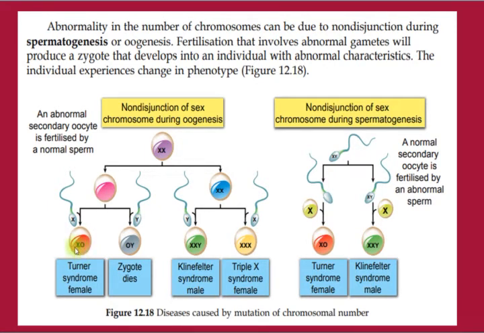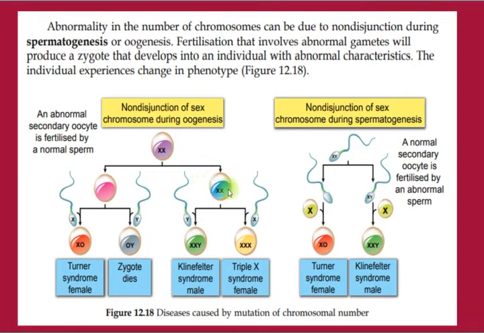Only one sex chromosome is present in the zygote, so it will cause Turner syndrome, female. If the secondary oocyte is fertilized with a sperm that carries the Y chromosome, it will produce a zygote with OY, and this will cause the zygote to die.